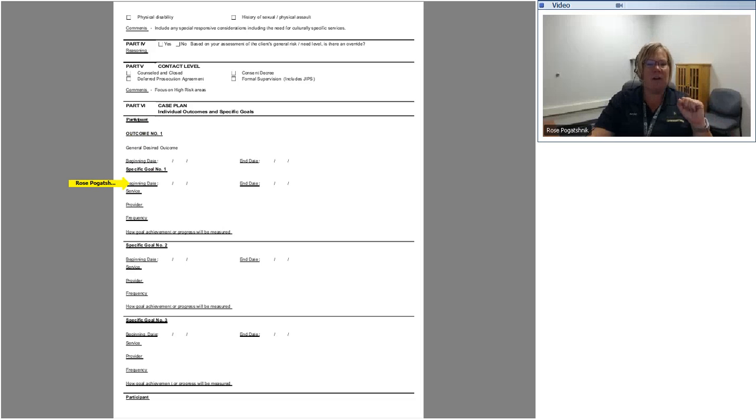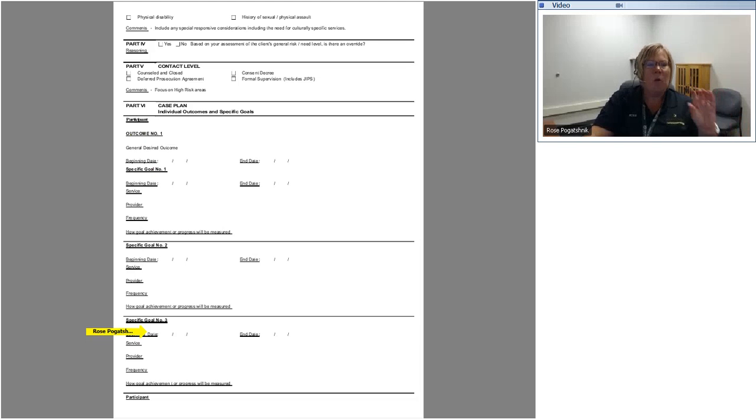So this specific goal, we might start with, okay, we're going to go to the community education or wherever our GED classes are held, and we're going to make an appointment for them to do an academic assessment. That's our first goal. And then they're going to tell us what their recommendations are and get us enrolled. Then the specific goal is we're going to start going to classes and working with tutors or whatever it might be. And then the third goal is we're going to figure out where do we need to go, what do we need to do to take that GED test.